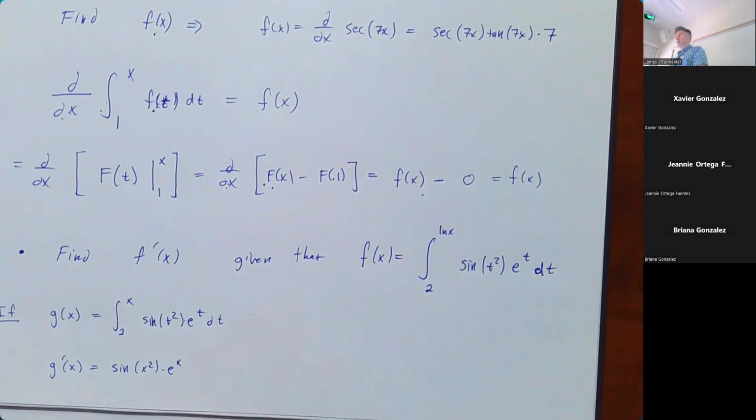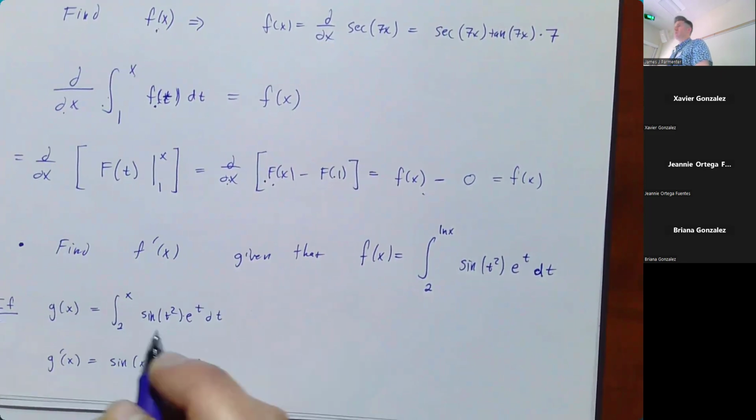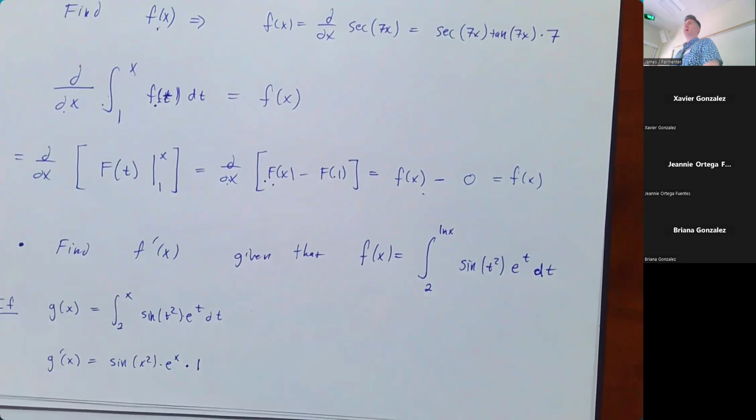What I really thought about was that I plugged in x for each thing, and then I multiply by the derivative of x. I know the derivative of x is 1, but I think it's to your advantage to always think about this when you're using the fundamental theorem of calculus part 1, even if you're just plugging in x. At the end of the process, you're going to multiply by what?